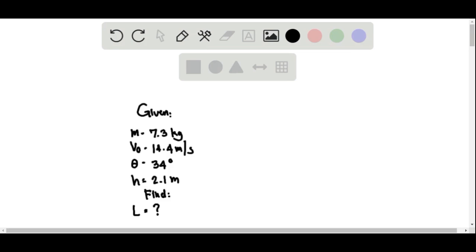Okay, so our prerequisite is the horizontal and vertical components of our velocity. We have these arrows for horizontal and vertical: this is our v sub x, velocity on the x-axis, and v sub y, velocity on the y-axis.